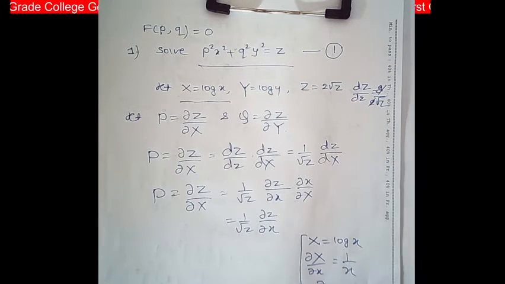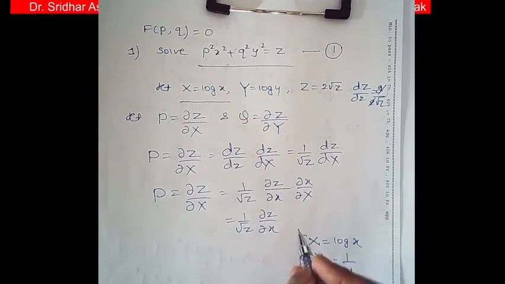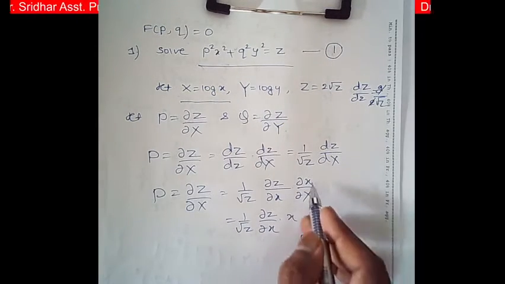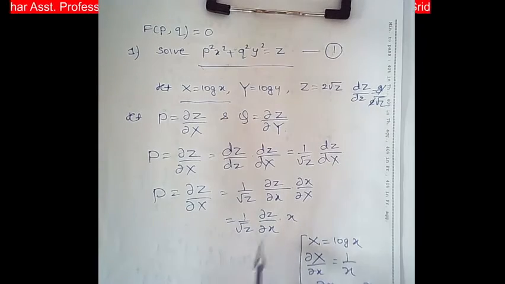On reversing this, dou x by dou capital X is equal to small x. So therefore we replace this here, this is small x.